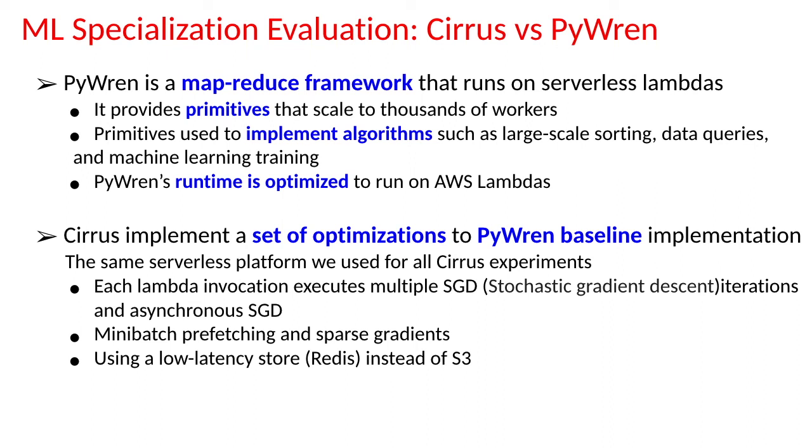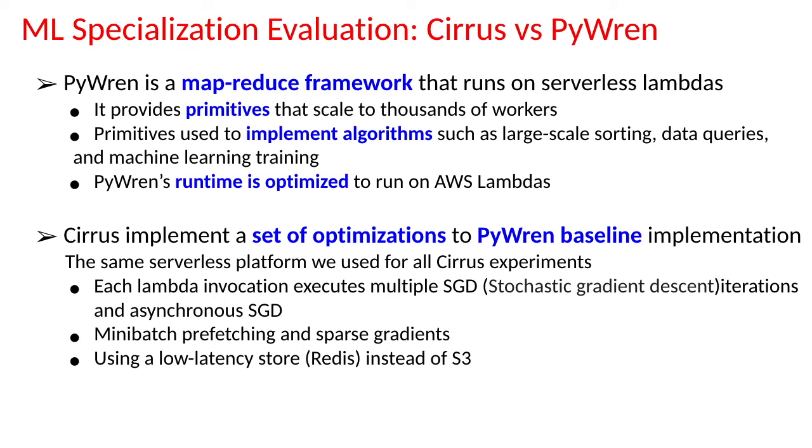For this evaluation, CIRRUS implements a set of optimizations with PyWren in Python as a baseline implementation. The same serverless platform is used for all CIRRUS experiments. Each Lambda invocation executes multiple SGD iterations with asynchronous SGD. Mini-batch prefetching and sparse gradients are used as part of the optimization, as well as a low latency store using Redis instead of S3.